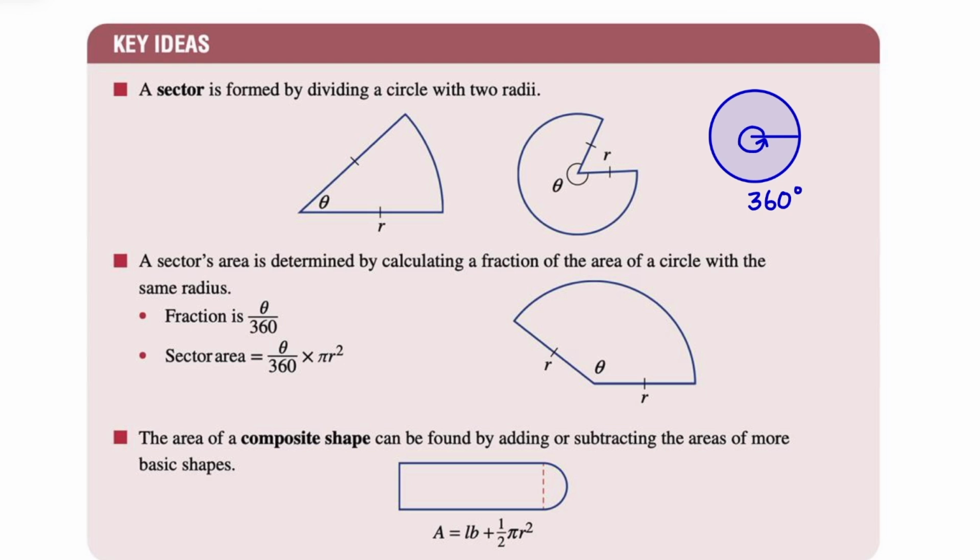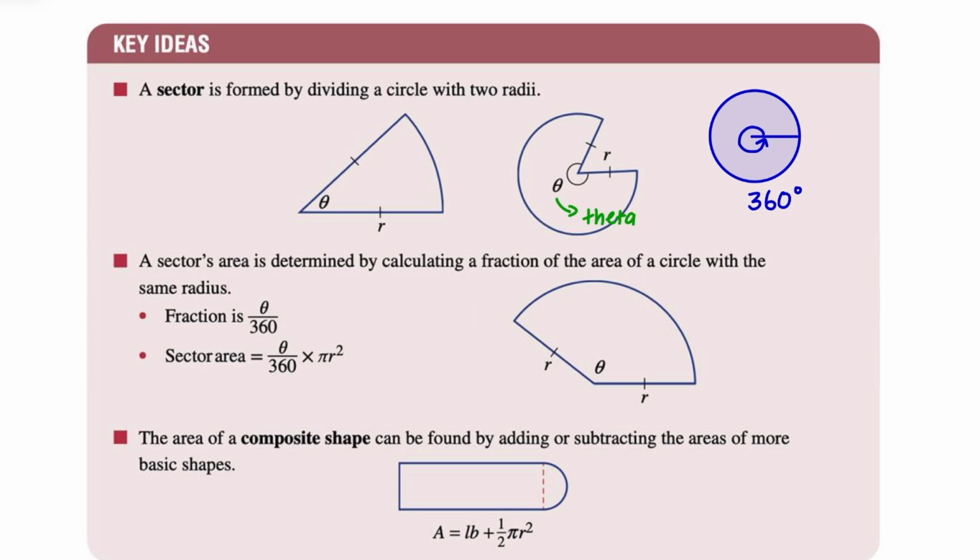So here, if I only have a portion, this little symbol here is a Greek symbol called theta. And theta just represents some angle. So here, I'm taking that angle and putting it over 360 degrees.